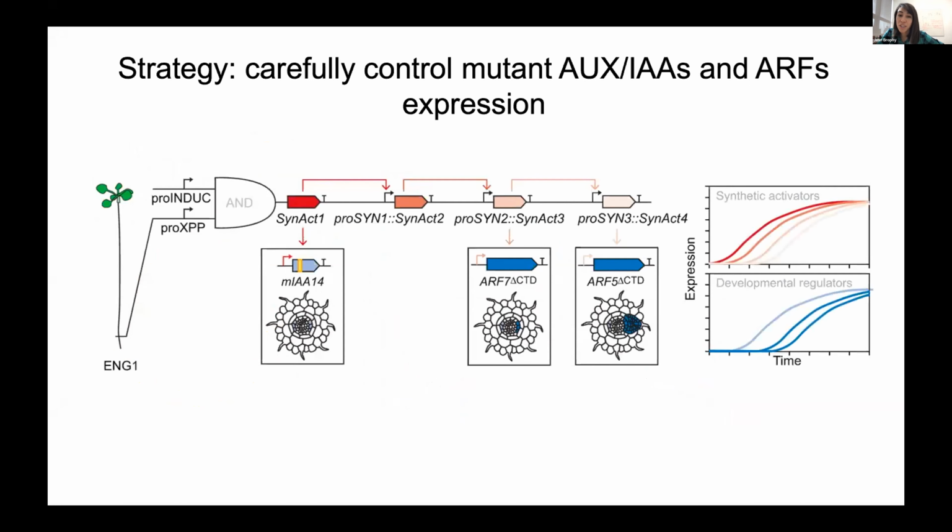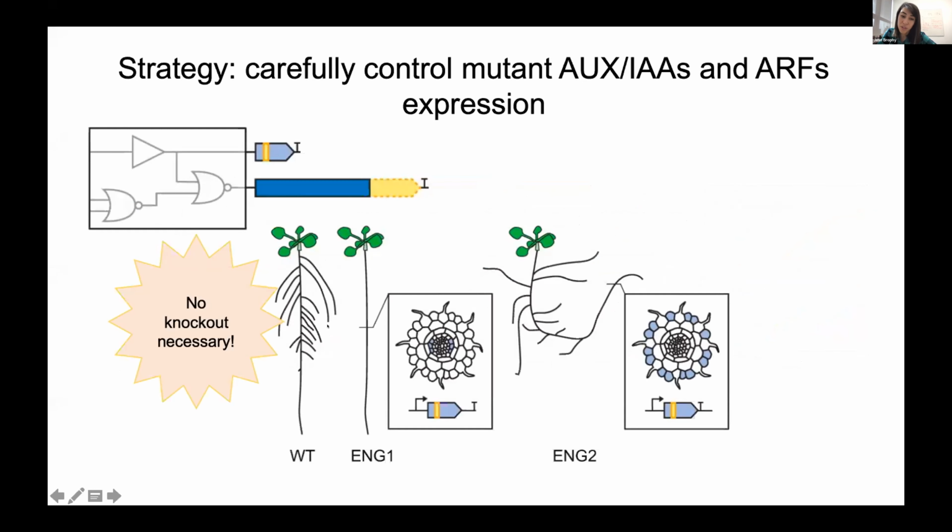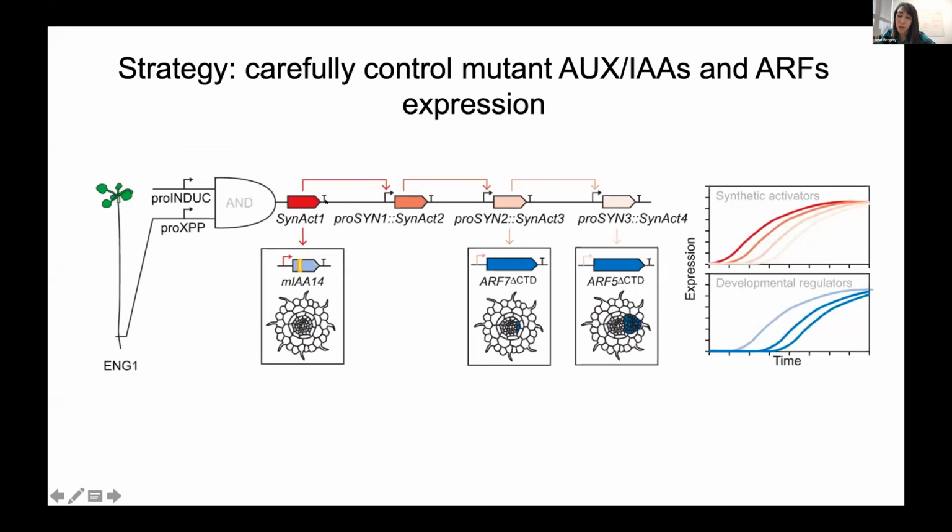Okay, so here's just an example of maybe a slightly more complex synthetic program. This is taking the background plant that I showed you before where there's no lateral roots being produced, and showing how you might be able to reintroduce root branching under synthetic control using the timed expression of the ARF proteins that are known to be important for lateral root development.